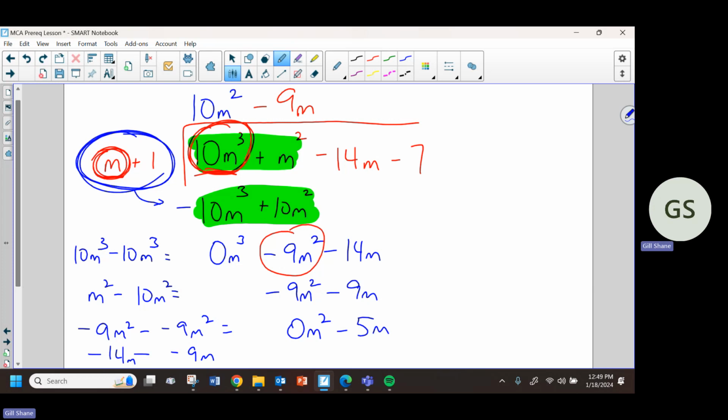Because this will flip to plus. We still have negative up there, so it's negative 5m. And then m will go into negative 5m. How many times? So that's negative 5. If we multiply it back through, unfortunately, it looks like we do get a remainder. So we have a remainder of negative 5.